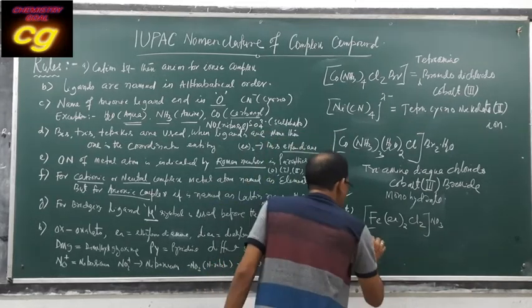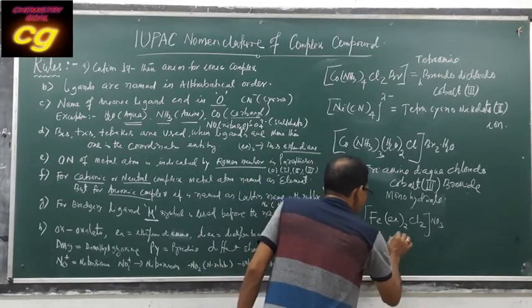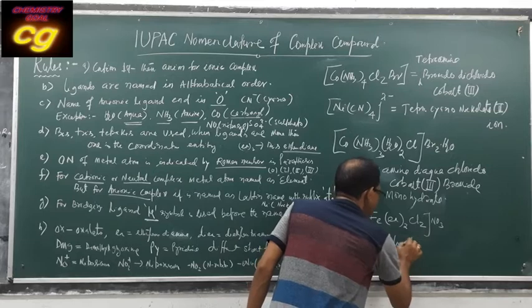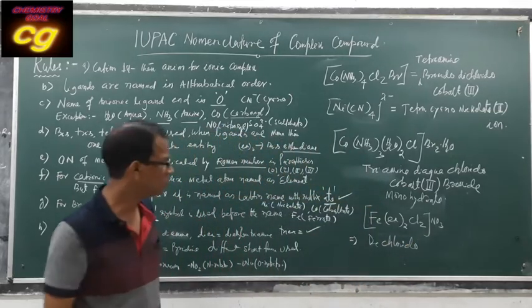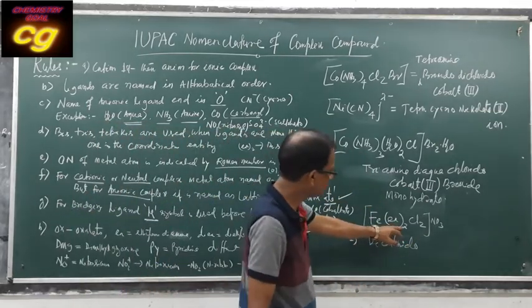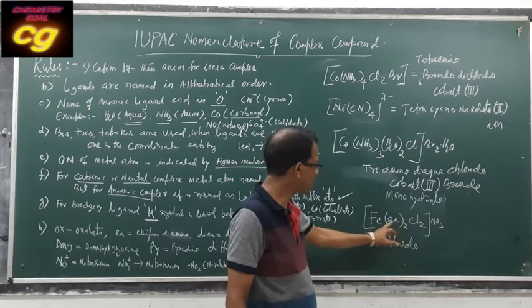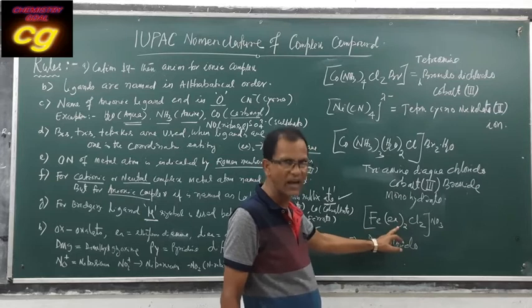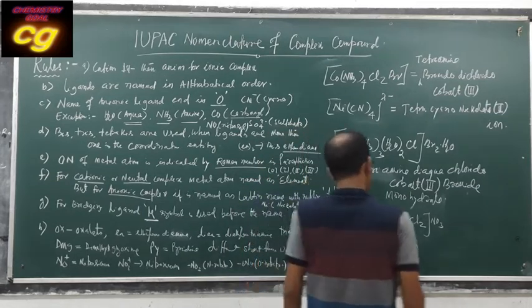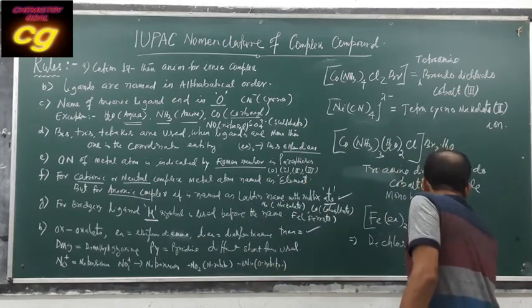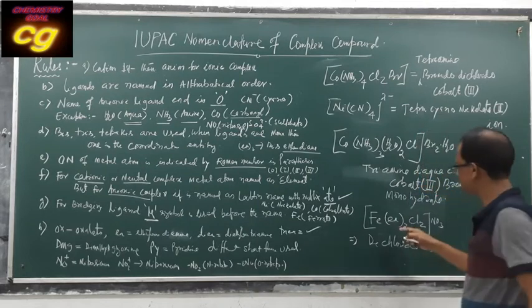Chlorido, dichlorido. As diethylenediamine, more than one is used, we can use bis to indicate 2: bis(ethylenediamine), you can use the bracket. Dichloridobis(ethylenediamine)iron.